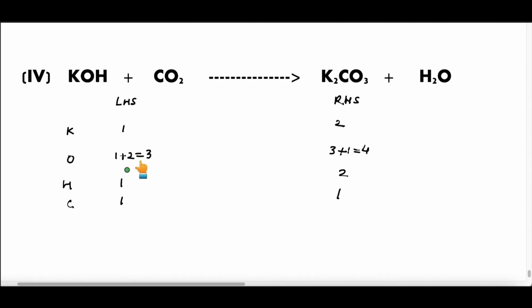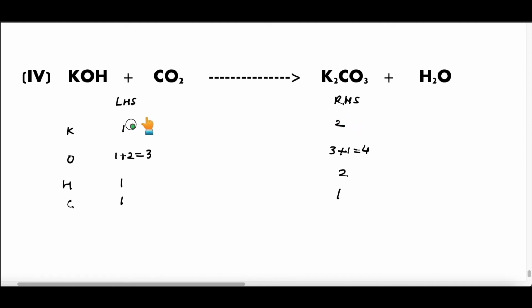Now here we know the secret tip, that if oxygen and hydrogen are present in any chemical reaction, while balancing the chemical equation, the oxygen and hydrogen should be left till last. So when you leave the oxygen and hydrogen to be balanced till last, it is observed that we have the maximum number of potassium atoms on the product side, that is 2.